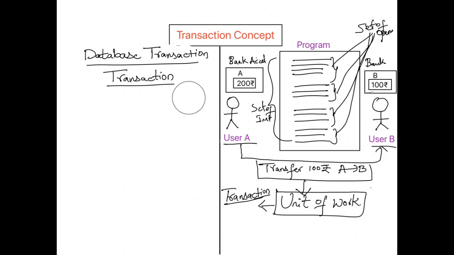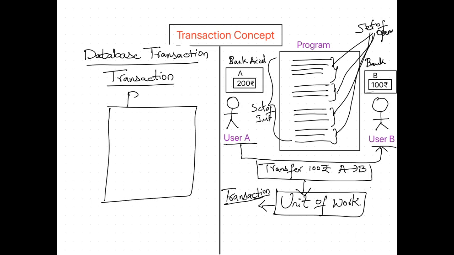Now I'll write one transaction with operations, then we'll understand how they are logically related. I'm taking a transaction, which is also called a program, and writing operations to transfer 100 rupees from A to B. What is my first operation? I need to read A's account.